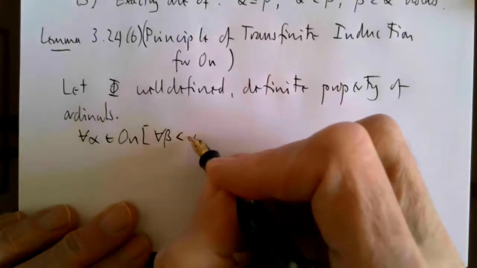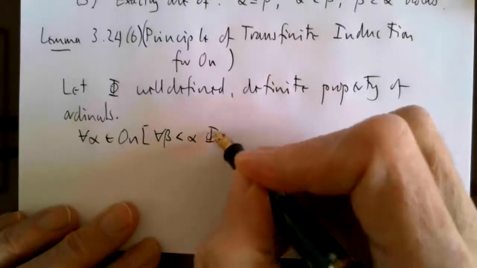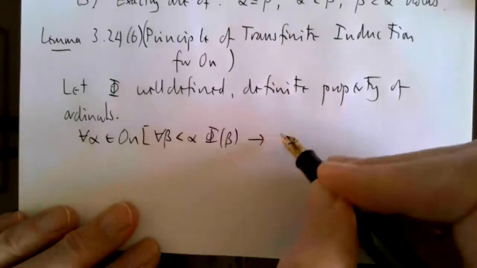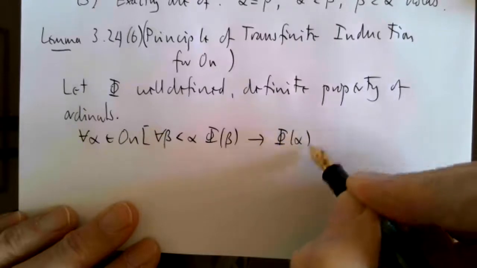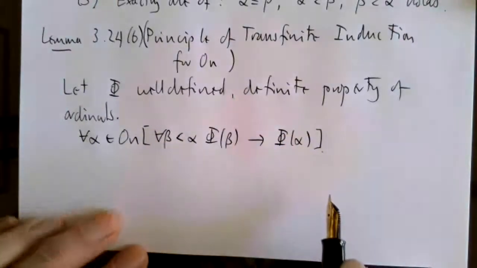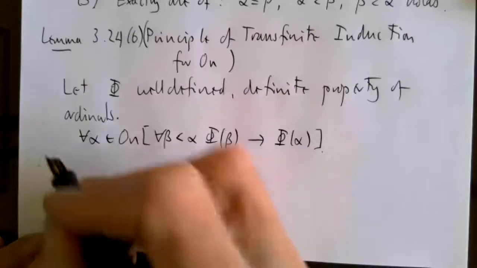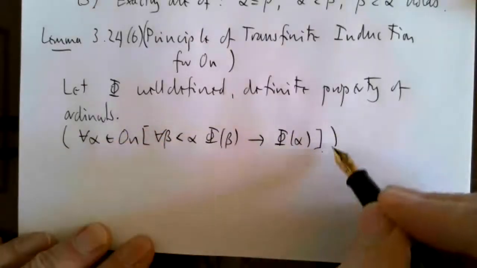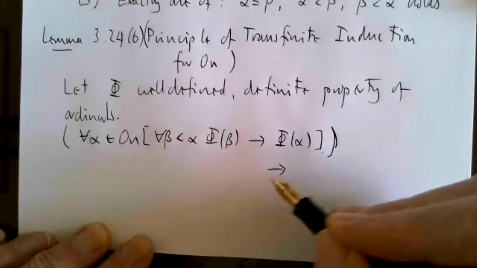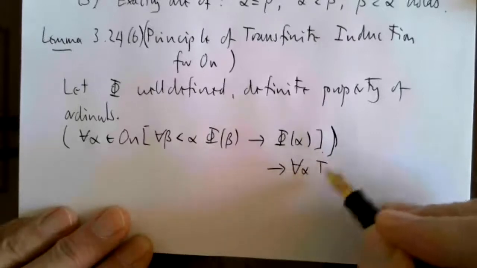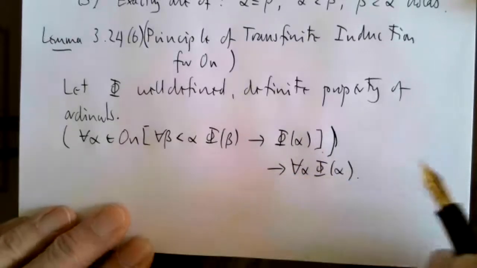If for all beta before alpha, phi beta holds, implies that phi alpha holds, here, then all of this here, this implies for all ordinals, phi alpha holds.